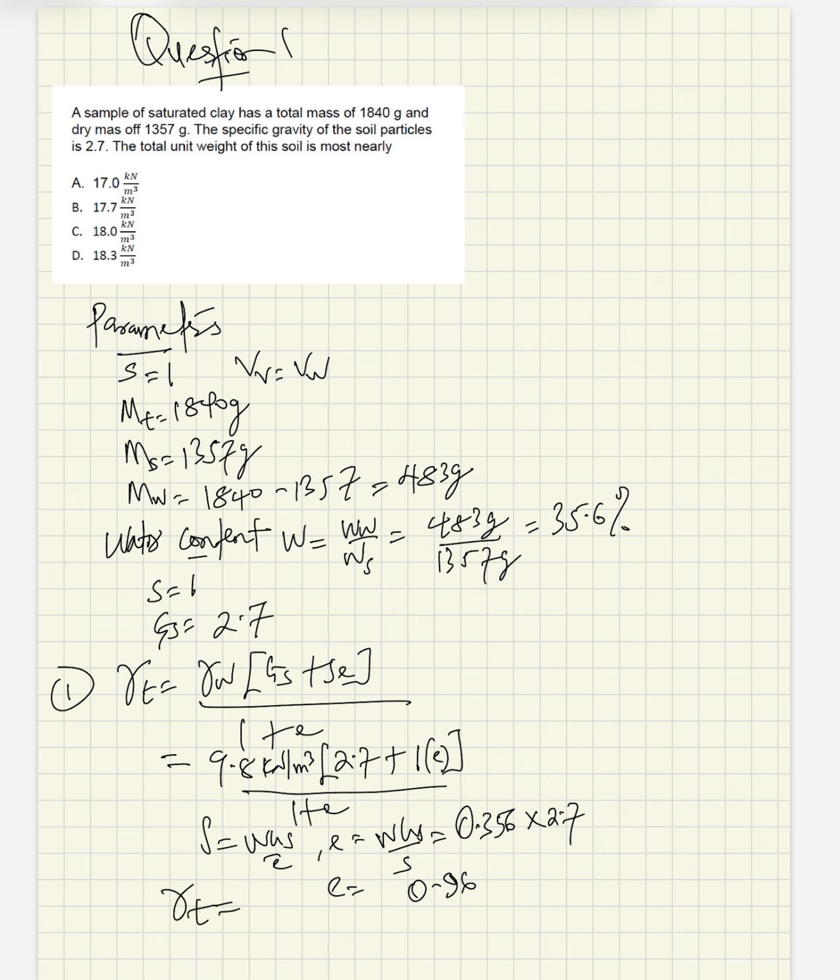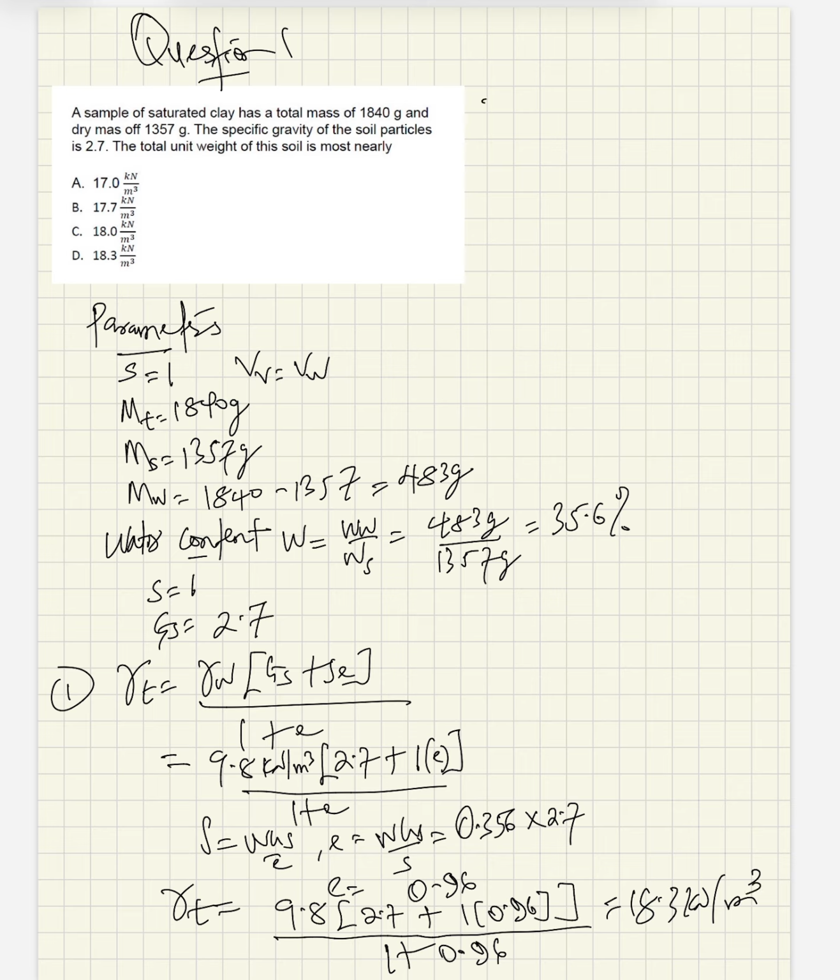Input that into the equation: 9.8 times (2.7 plus 1 times 0.96) all over 1.96. If you do the math, you should obtain 2.7 plus 0.96 times 9.8 divided by 1.96, which equals 18.3 kilonewton per meter cube.